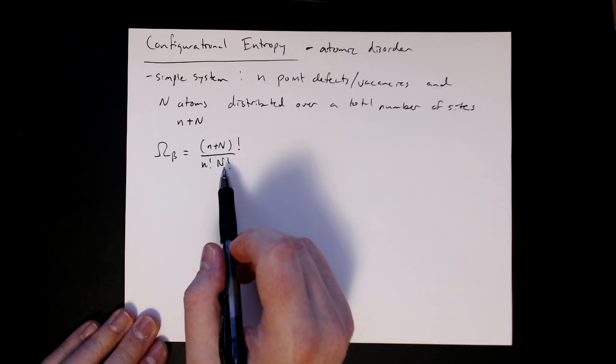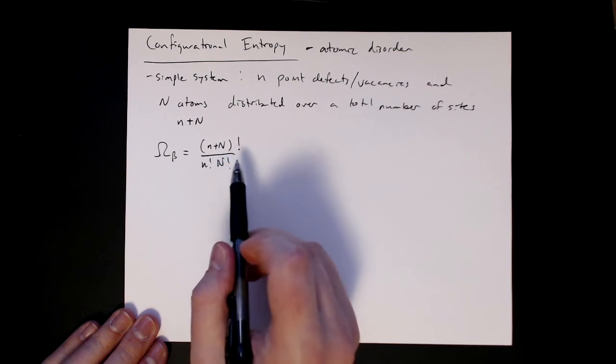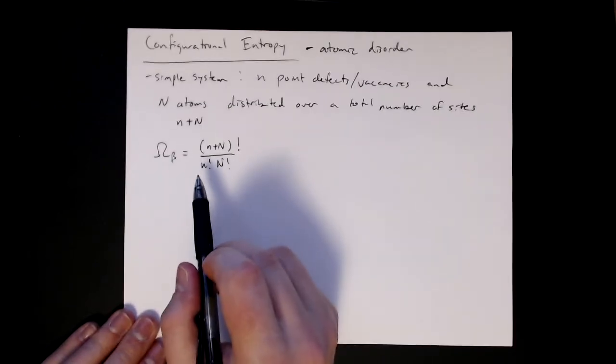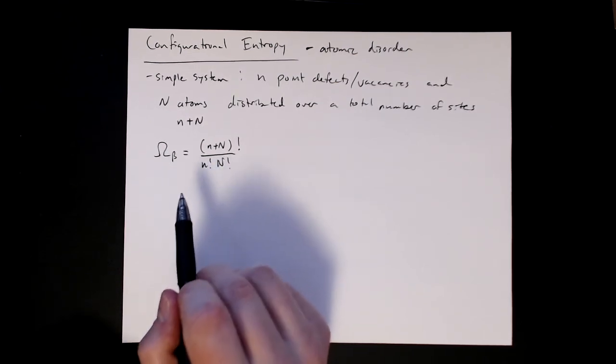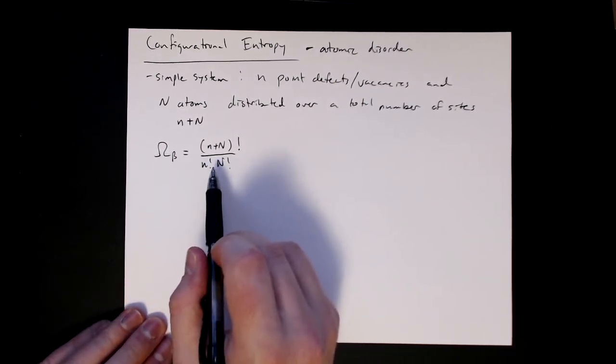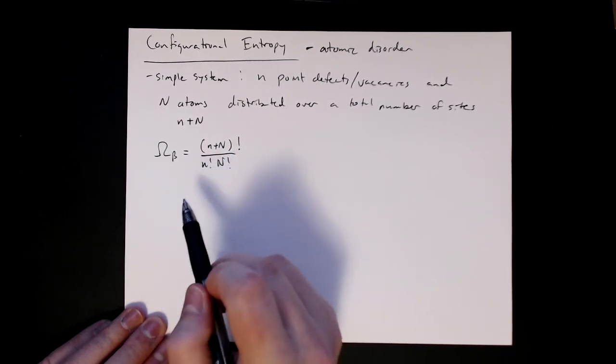If you want to try this out, just use your calculator, start small and build your way up, and see that it's actually quite small numbers for which you can calculate these factorials. So we need a different way to calculate these for large systems like we're dealing with in materials.